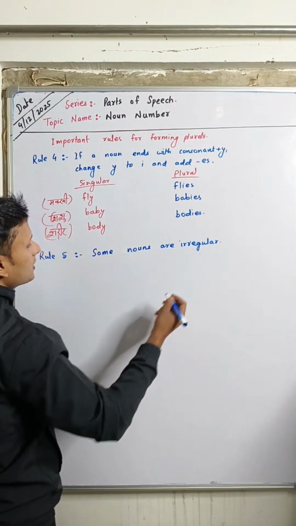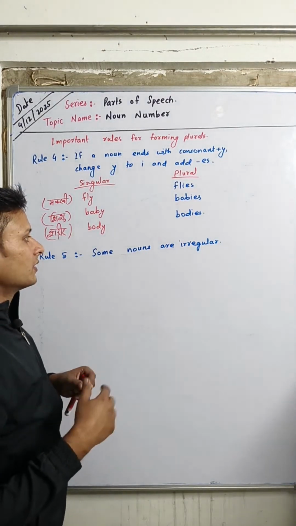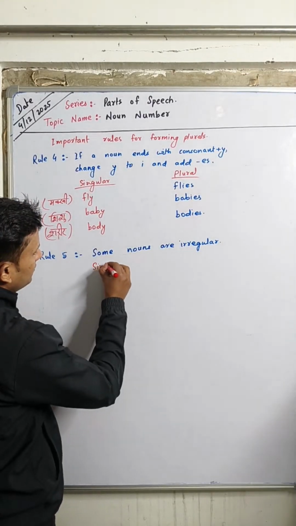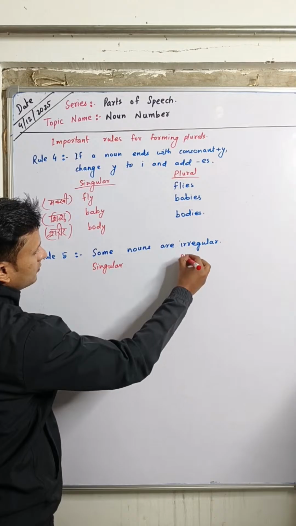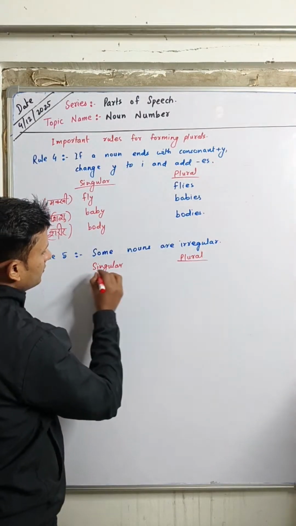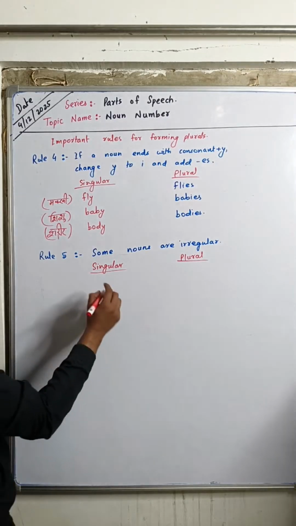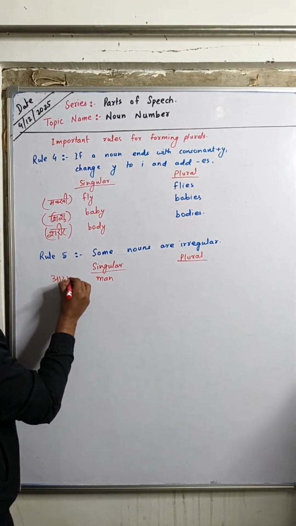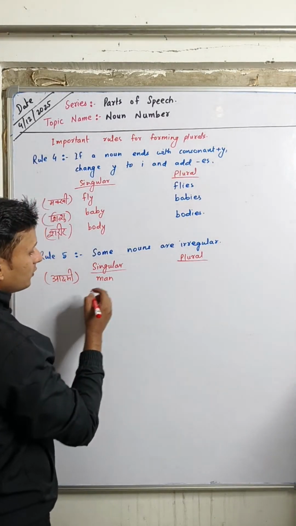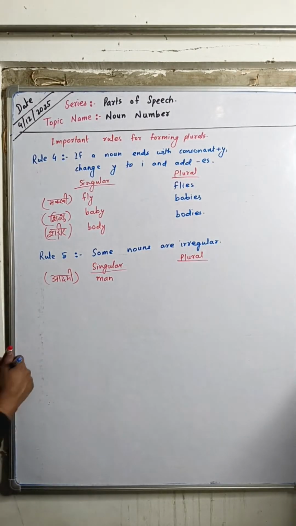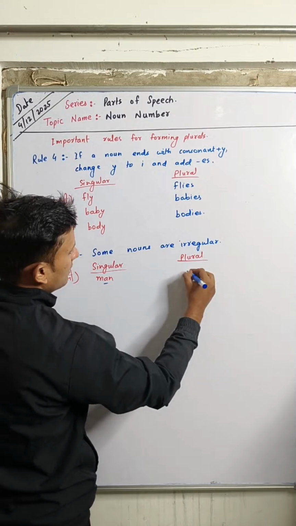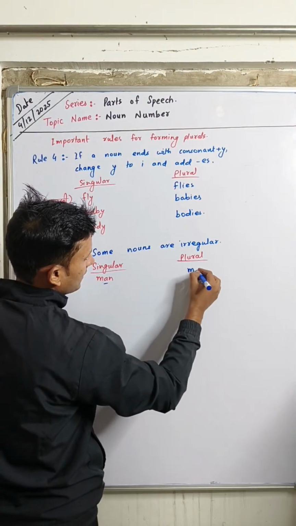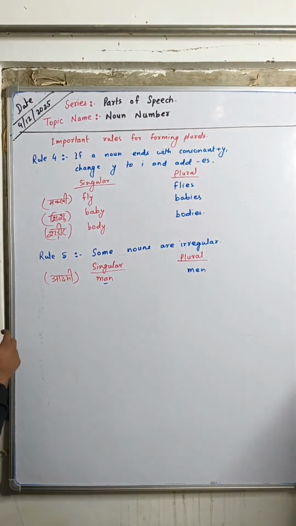What does that mean? Some nouns do not follow rules. You just have to memorize them. Man is one of them. Admi. So what do we do with such nouns? We just change the inner vowel. Now to make man plural, you just need to write men. Same goes with woman.